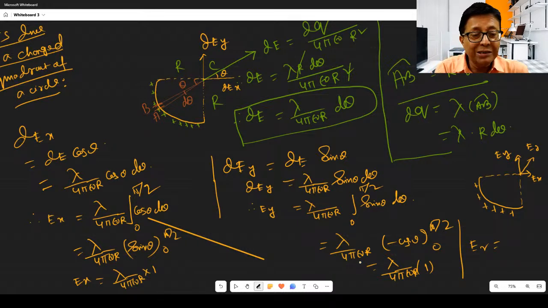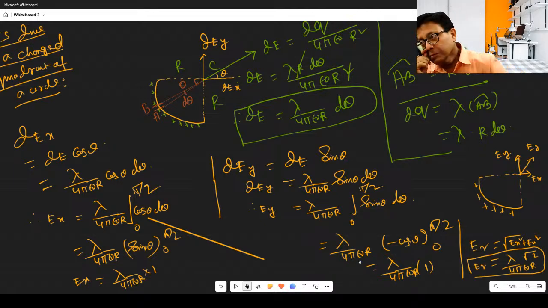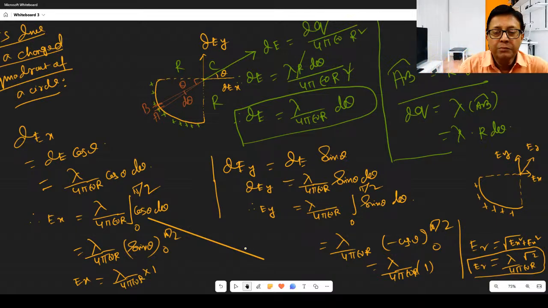So root over Ex square plus Ey square. So lambda by 4 pi epsilon 0 r root 2. Hope you have understood. No problem. Okay. See you in the next class.